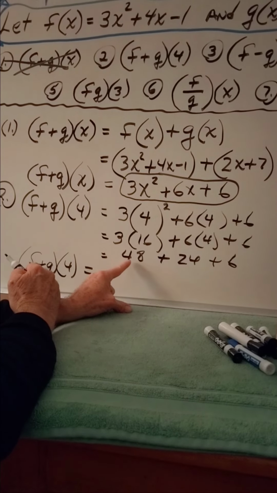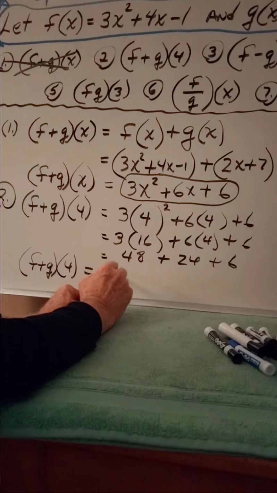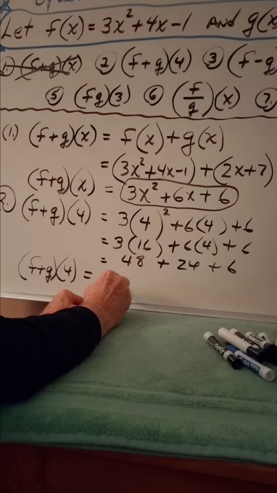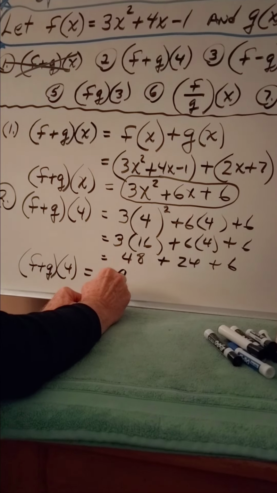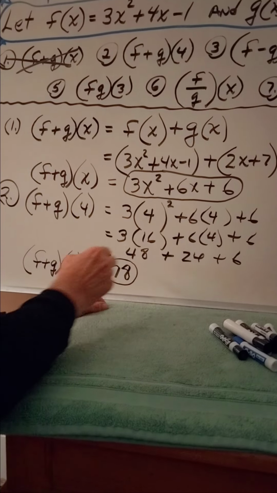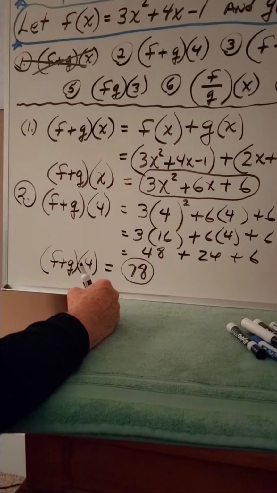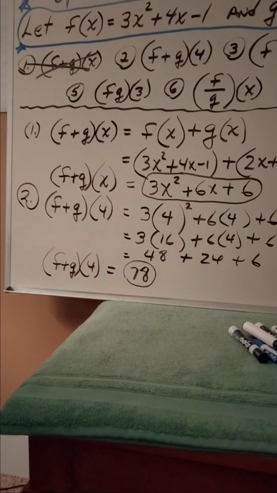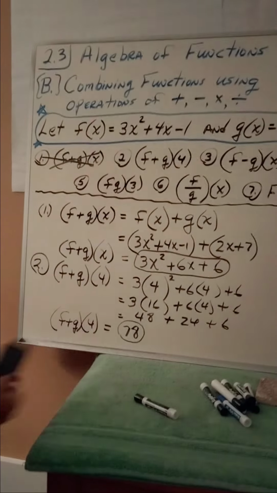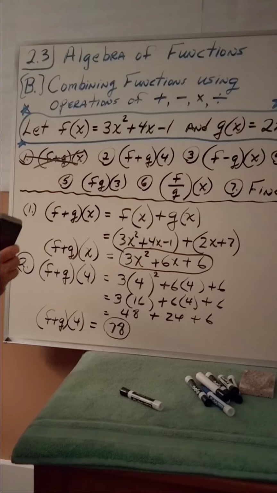And 30 added to 48, I think, would give us 78. And that little puppy gets circled, and that's the range value for problem number 2. That's the look.